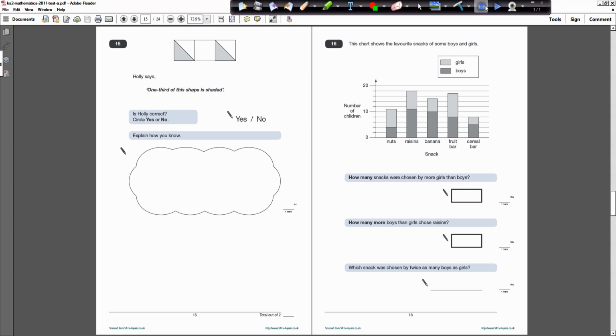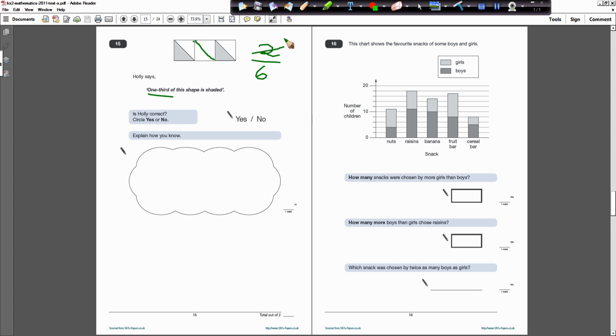Okay, right. Question number 15 now. Holly says 1/3 of the shape is shaded. Now, what we need to do first of all, we need to put the shape here into the same triangles. Now, how many triangles do we have now? We have 1, 2, 3, 4, 5, 6 equal sized triangles. How many shaded? 2. And she says 1/3 is shaded.